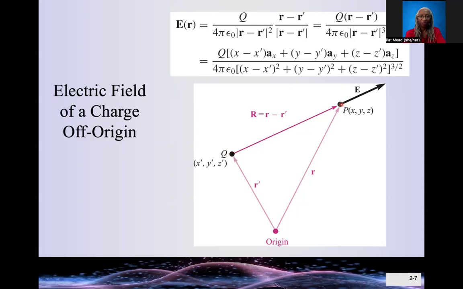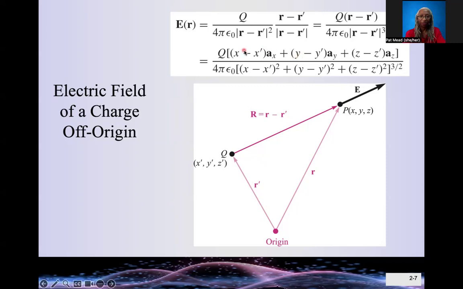So you need to write down the unit vector in that direction. We know that the unit vector is going to be R, which is this vector here from Q to P, divided by the magnitude of R. And we know that R is equal to this little r minus this little r prime.